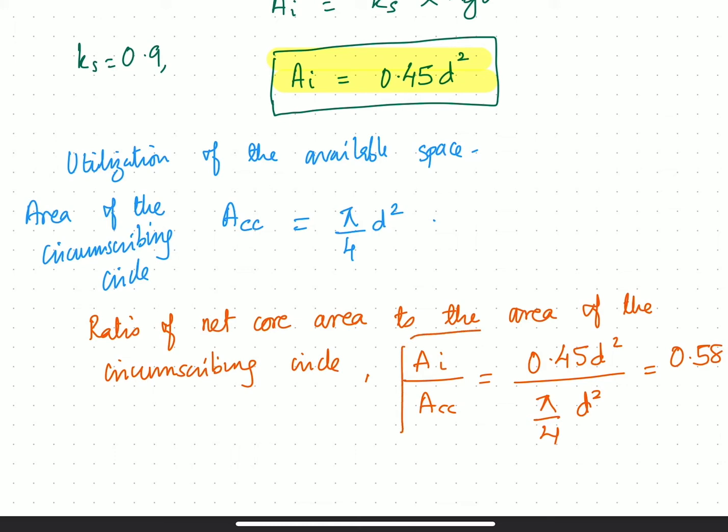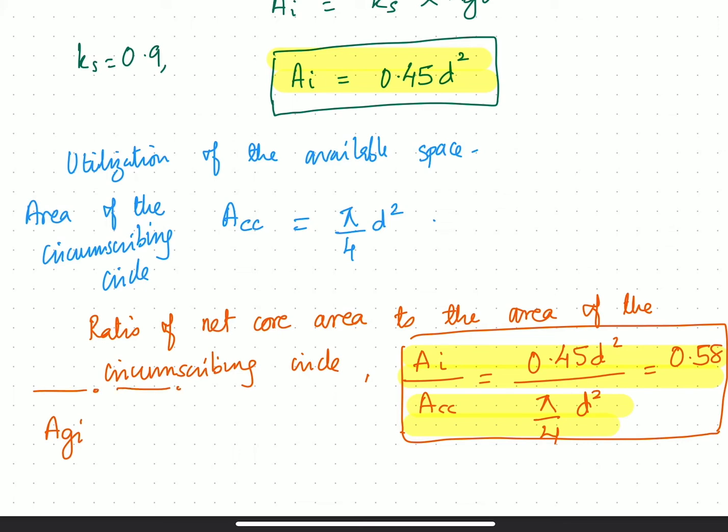So this is one important factor. The ratio of the net core area to the area of the circumscribing circle is 0.58, and the ratio of the gross core area to the area of the circumscribing circle is 0.5 d square over pi by 4 d square, which is equal to 0.64.